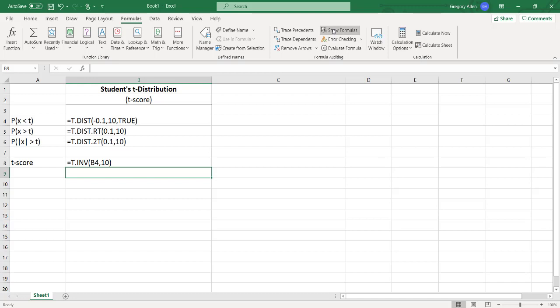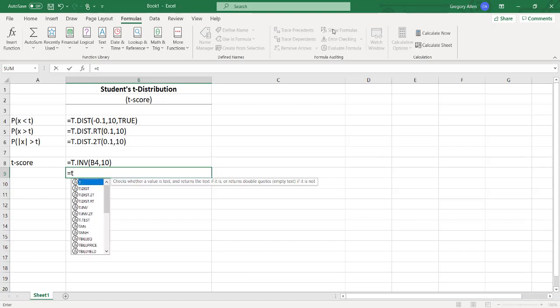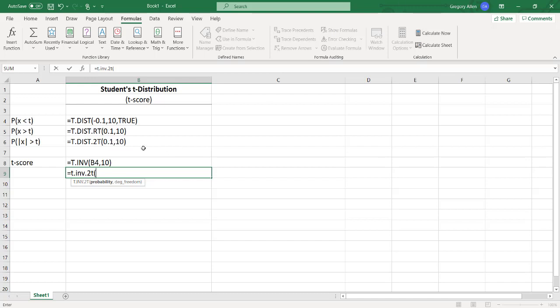Now, when we're doing hypothesis tests, for example, sometimes we need to do two-tailed. We know the area that's in both tails. Well, we can find the corresponding two-tailed t-score. We're going to do T.INV.2T, t dot inverse dot two-tailed. It's going to ask us the same question. It's going to ask us for probabilities and degrees of freedom. So let's try our test again.